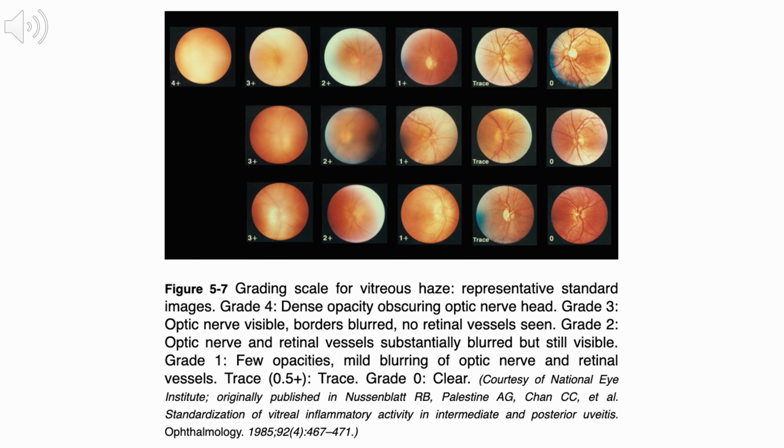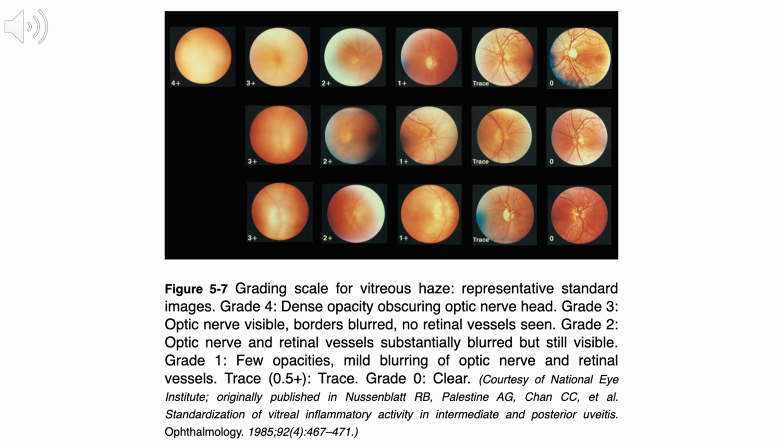This figure, figure 5-7, is the standardized reference set for grading vitreous haze, the images clinicians and trials calibrate against. Read it from clear to opaque. Grade 0 is a crystal clear view. Trace, or half plus, is barely detectable haze. Grade 1 shows a few opacities with mild blurring of the optic nerve and vessels.